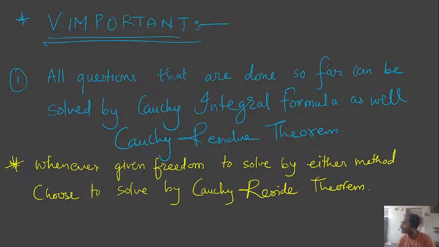What is extremely important is that whenever you get the freedom to solve the question by the Cauchy integral formula or the Cauchy residue theorem, go for the Cauchy residue theorem. The Cauchy residue theorem method is more safe, the safest one. You won't go wrong in choosing the function.